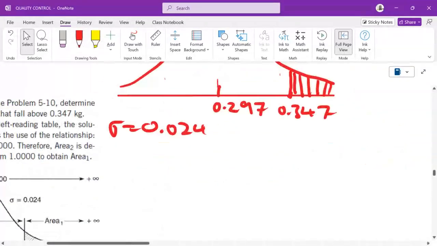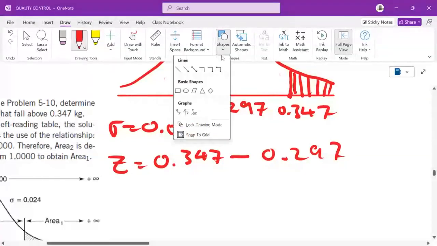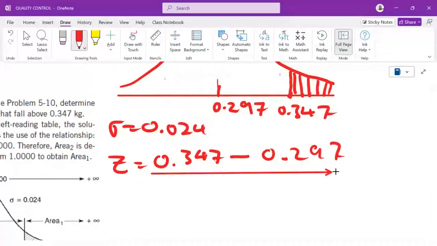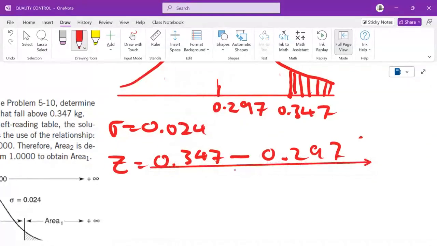You then calculate, that's your Z equals to your X minus mu, it's 0.347 minus 0.297 over 0.024.